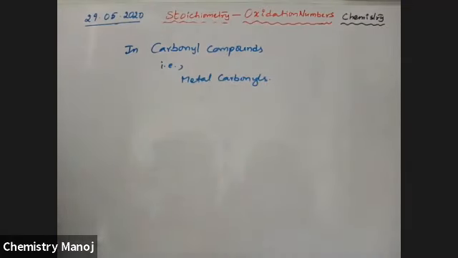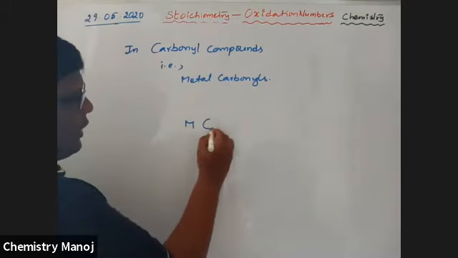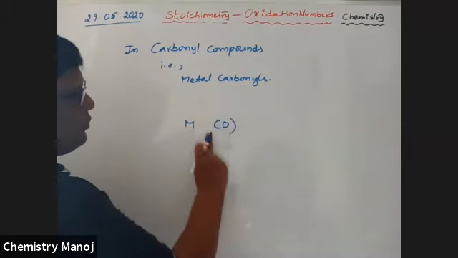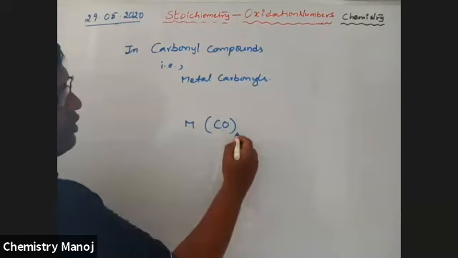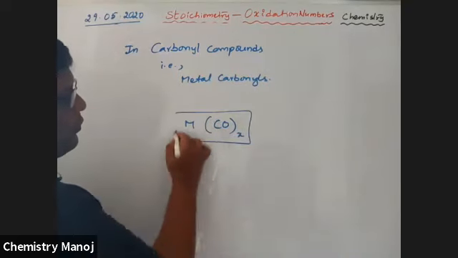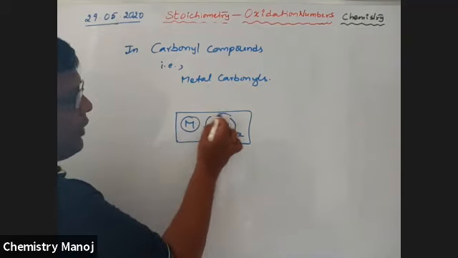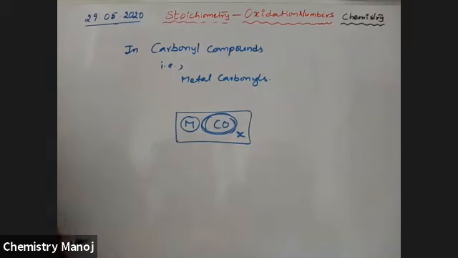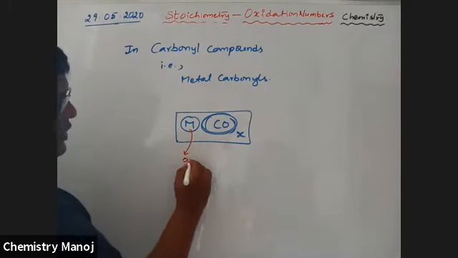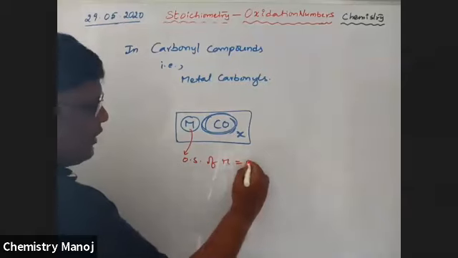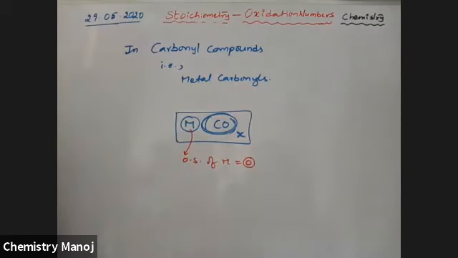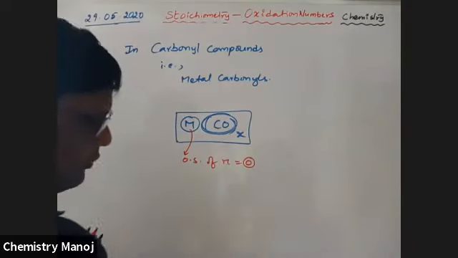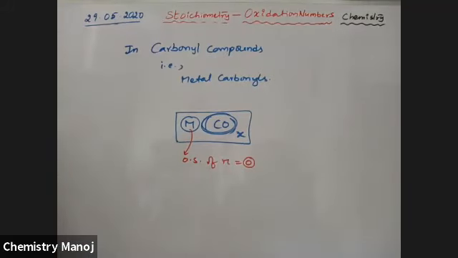Metal carbonyls, that means when metal is in combination with carbon monoxide, any number of times, whatever it may be. There also, oxidation state of metal is equal to 0. In metal carbonyls, oxidation state of metal is equal to 0.